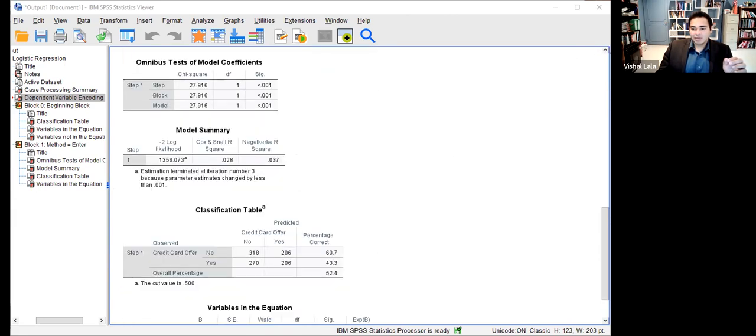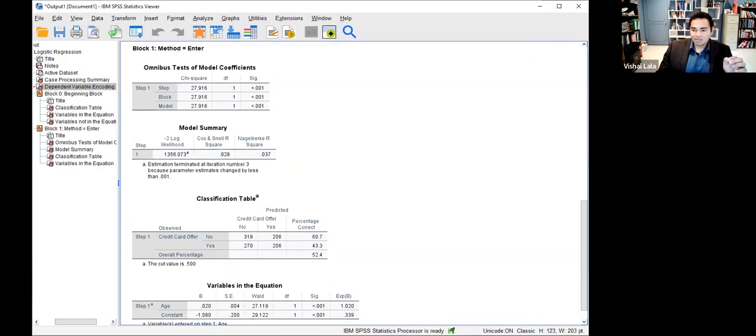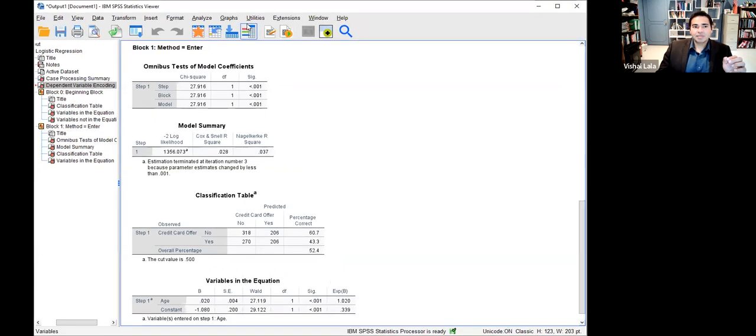Well, we can do this in the following ways. Our model is compared to a baseline model.